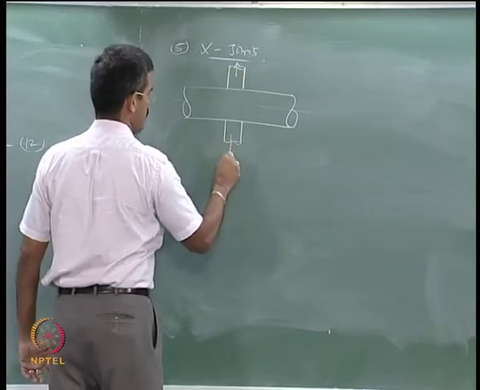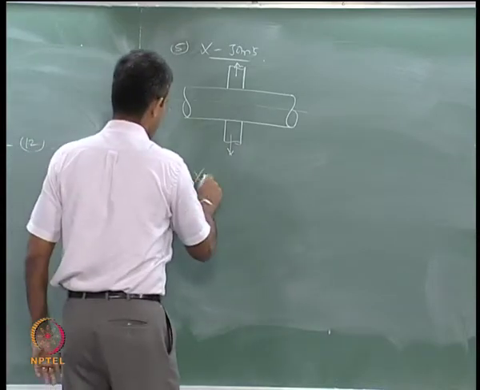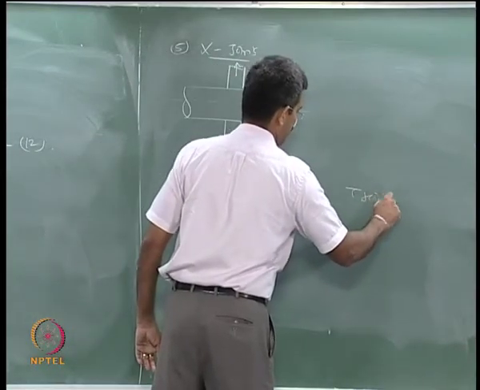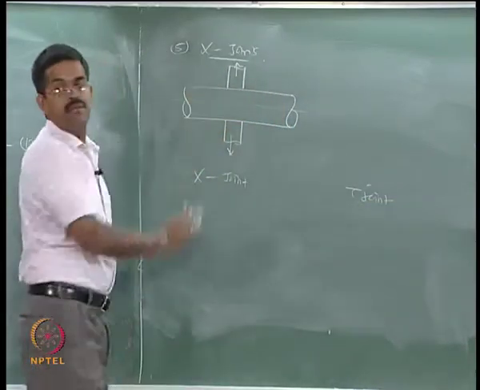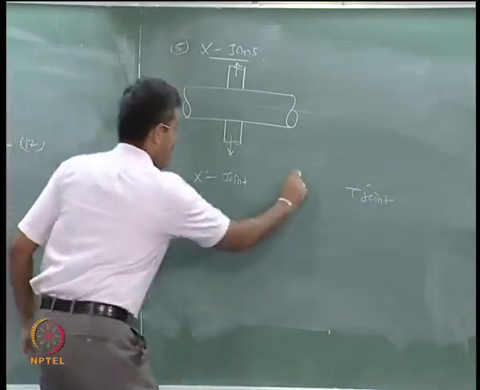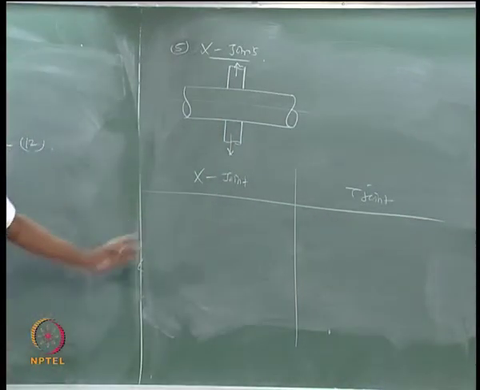Maybe both of them tensile, both of them compressive. There is a fundamental behavior difference between an X joint and a T joint, because in a T joint you may see the connection is only on one side, the X joint has got two, is it not? Let us highlight this difference, then we will speak about the strength capacity.